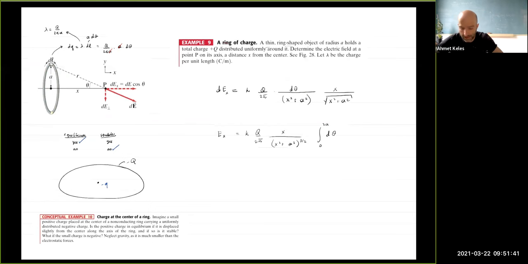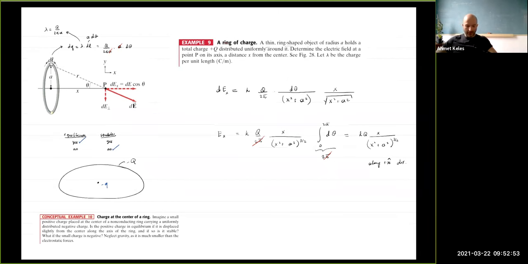The integral of d theta is 2 pi, so I can cancel it, and my net electric field is k q x over x squared plus a squared to the power 3 over 2, along the plus x direction.